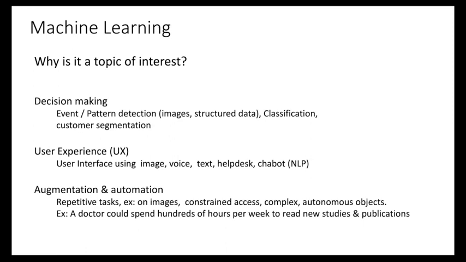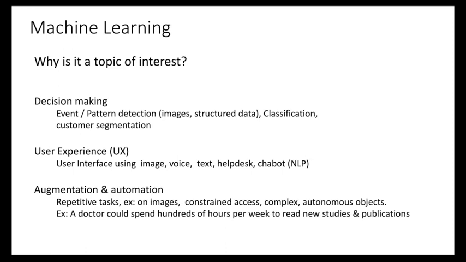First, decision making helps you detect patterns in your data, fraud detection, classification, customer segmentation, make better decisions. The second interest is to enhance user experience, and we talked about this a little bit sooner with Waze or Netflix. It can also be about building chatbots, conversation between your application and your end user, your customer.